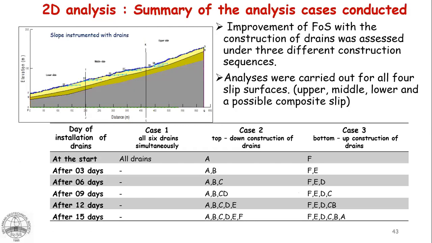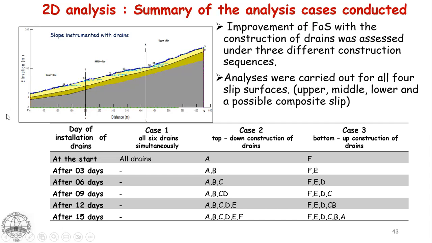So coming to the details of the 2D analysis. This is the idealization of the fan-type drains in plane strain, at 6 different levels, A, B, C, D, E, F. There were 6 fan drains. Topmost one is drain A, then drain B, drain C, like that.